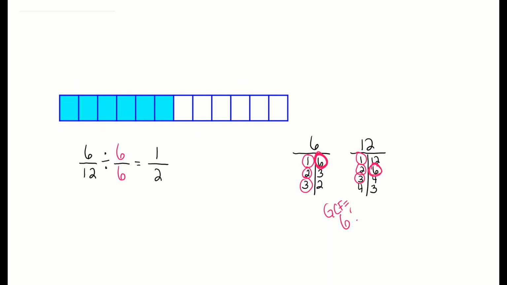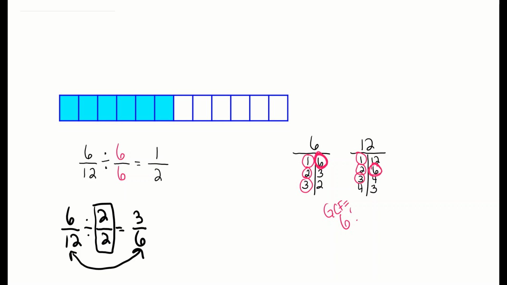Awesome. Let's say I recognize that 6/12, 6 and 12 are both even, so I'm just going to do the divide by 2 over 2 method, because they're both even. 6 divided by 2 is 3, 12 divided by 2 is 6. Well, they're equivalent because I divided by a fraction equal to 1. Let's look at the model.